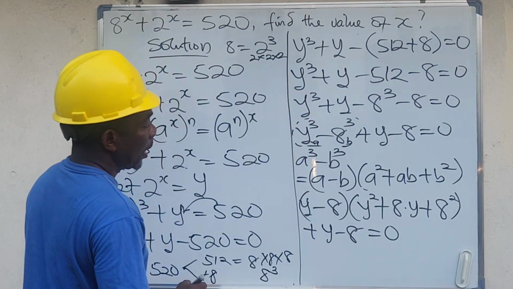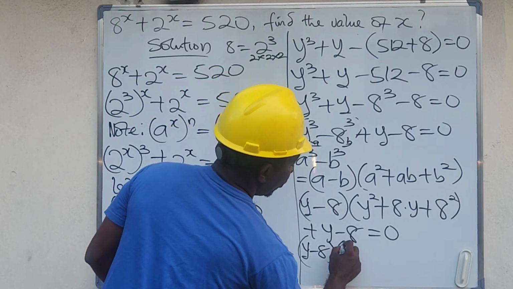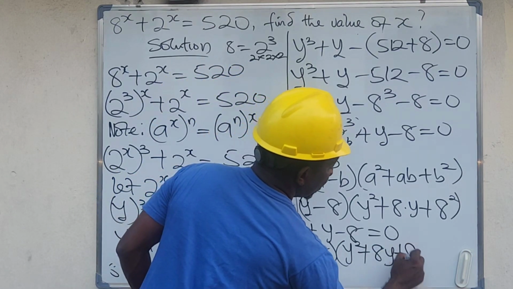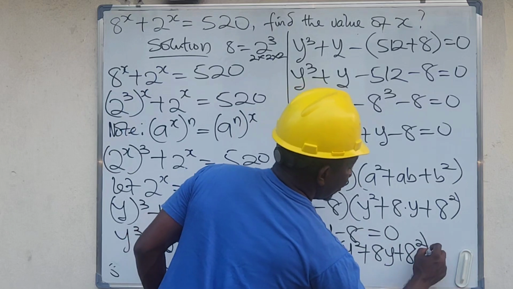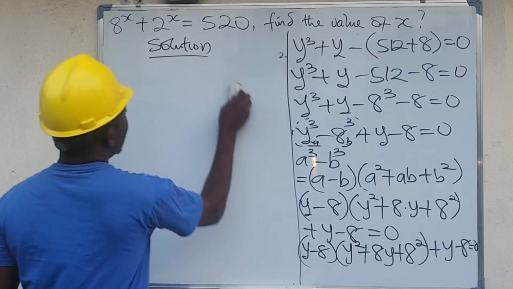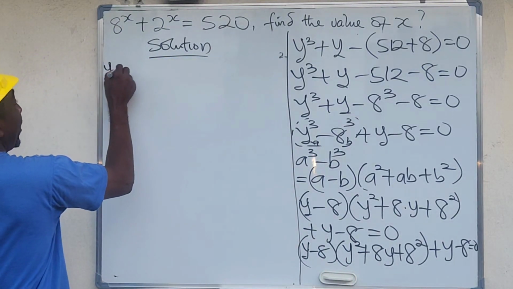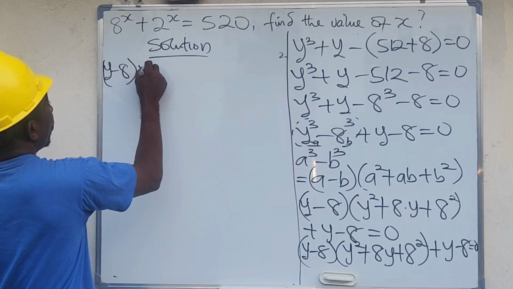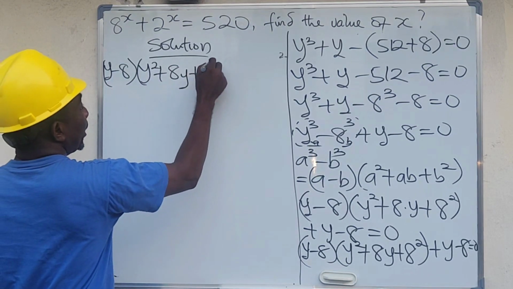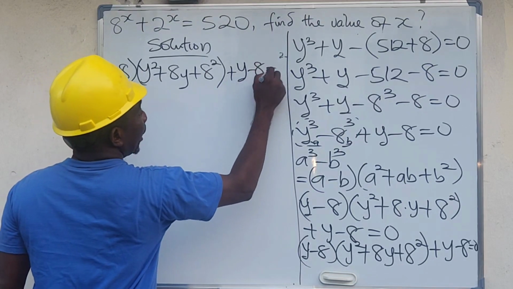So in this case, this will become y minus 8 into y squared plus 8y plus 8 squared, then plus y minus 8 equals 0. So we have y minus 8 into y squared plus 8y plus 8 raised to the power of 2, then plus y minus 8 equals 0.